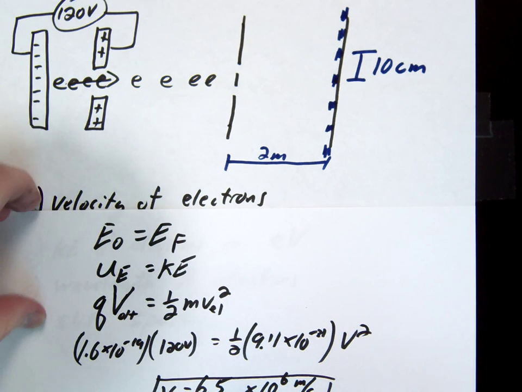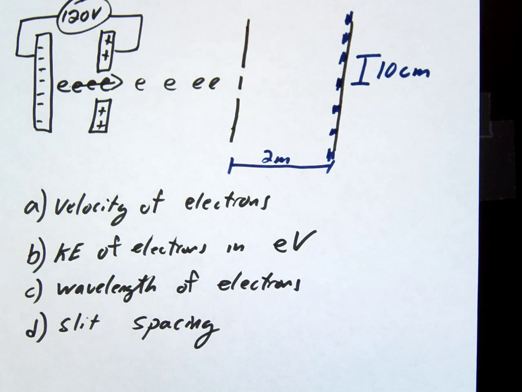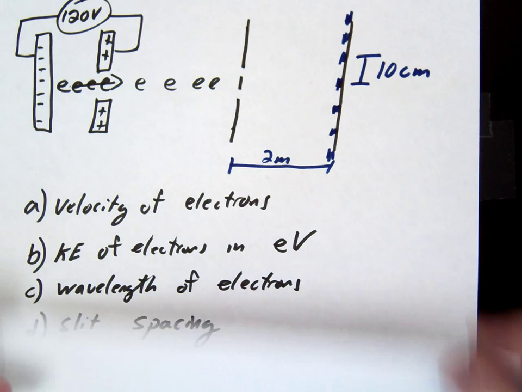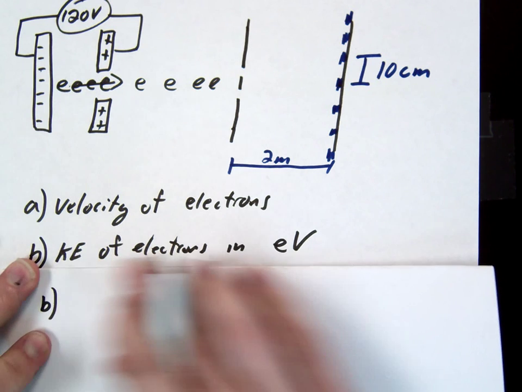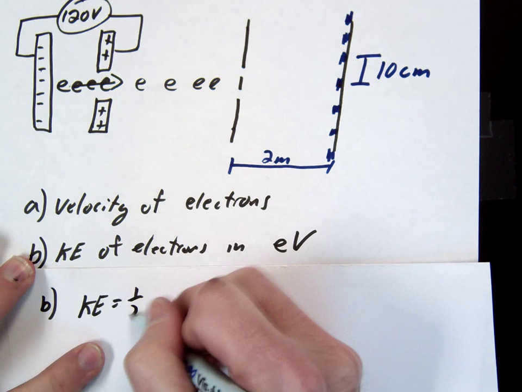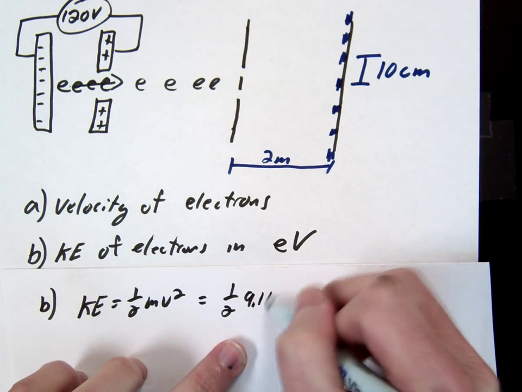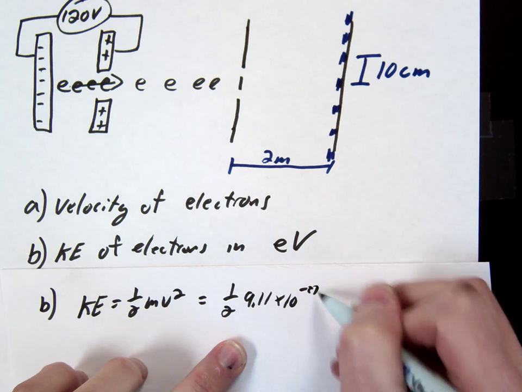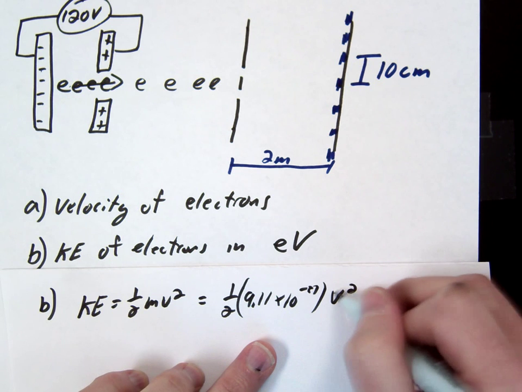Let's calculate the kinetic energy of this. Now I'm going to do this the long way the first time through, and then hopefully a concept will pop out at you. So we're just going to use KE equals 1/2 mv squared. 1/2 911 times 10 to the negative 31st times V squared, which we just found, right?